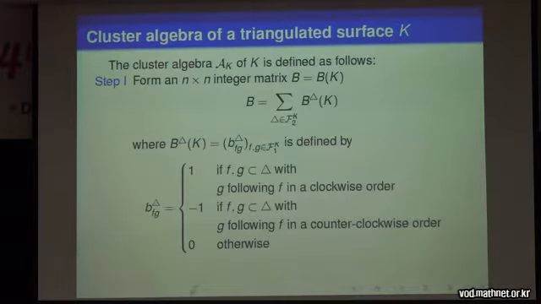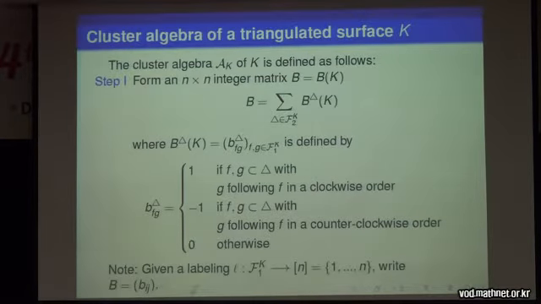And then this one is just the sum of all these kinds of matrices. You also know n is just the number of edges. You can label all the edges by these n colors. Then you can write down this matrix in this way.